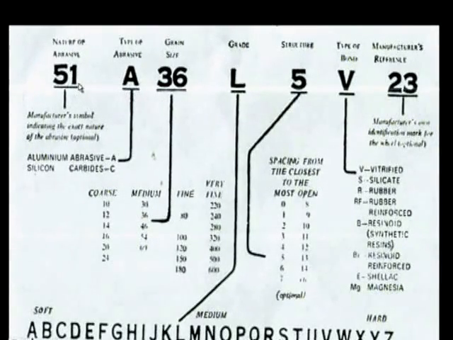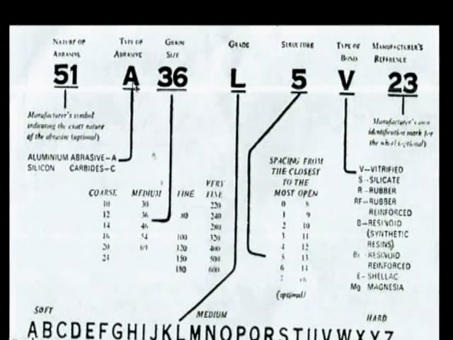51, this is given by the manufacturer as a symbol. It is his option, whatever he wants to give. Next is A, the type of abrasive, what type of abrasive particles we are using on the grinding wheel. A is nothing but aluminum, and in case of silicon it will be given as silicon carbide, C. So A means the abrasive is aluminum.